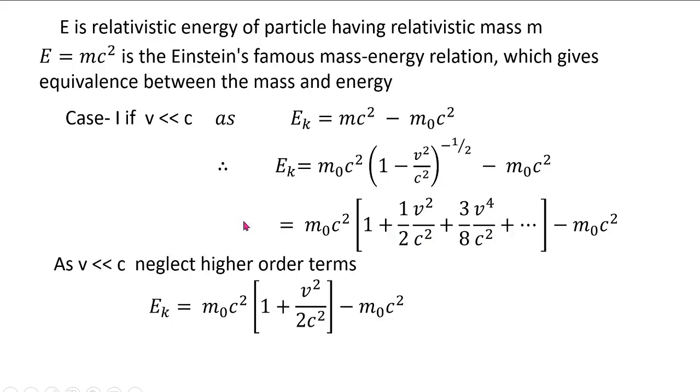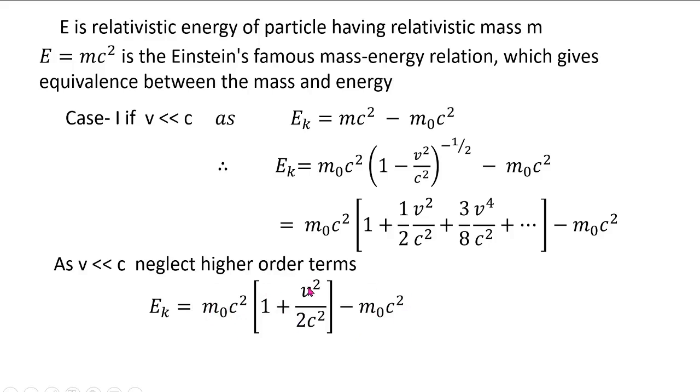Then as v is very small as compared to c, we neglect the higher order terms because the numerator is negligible as compared to the denominator. Then this equation modifies to Ek is equal to m0 c square times 1 plus v square upon twice c square, minus m0 c square. If we simplify this equation, the m0 c square minus m0 c square gets cancelled.